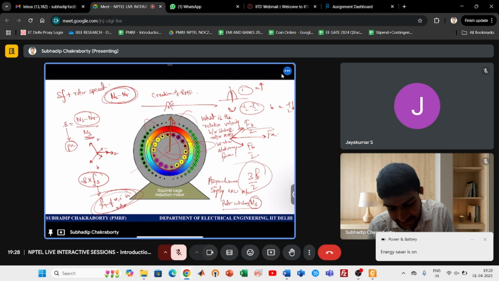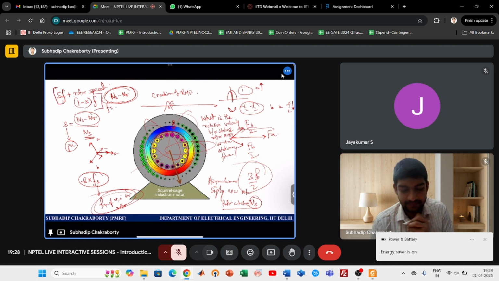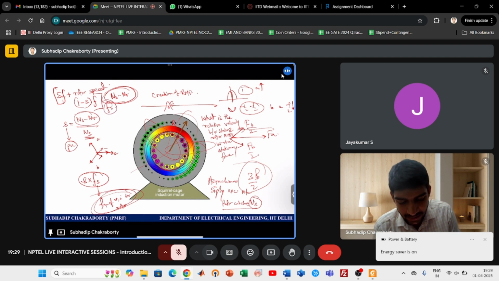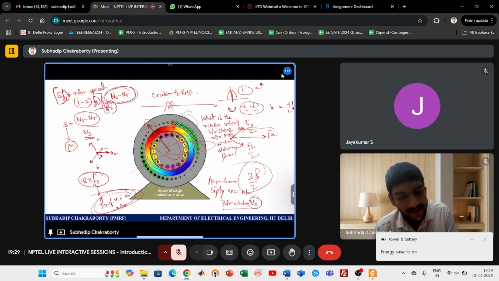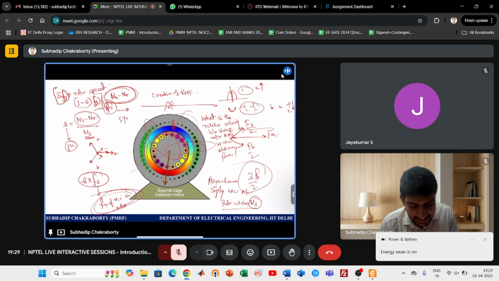So what is the rotor speed? 1 minus s times fs, or omega s, angular-wise. So that will also be synchronous speed, right?